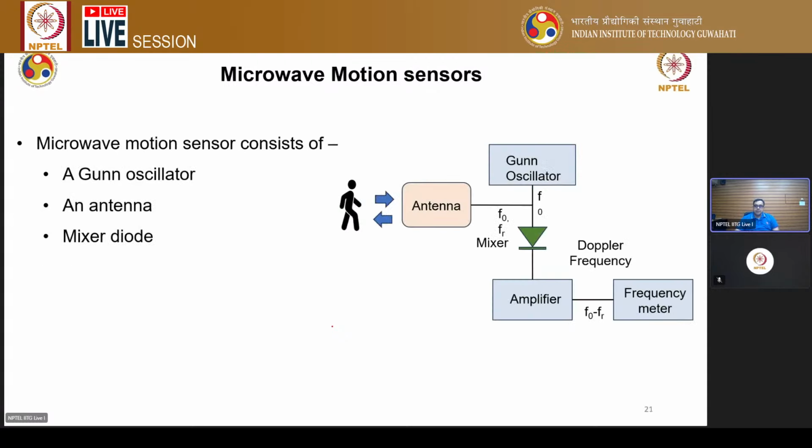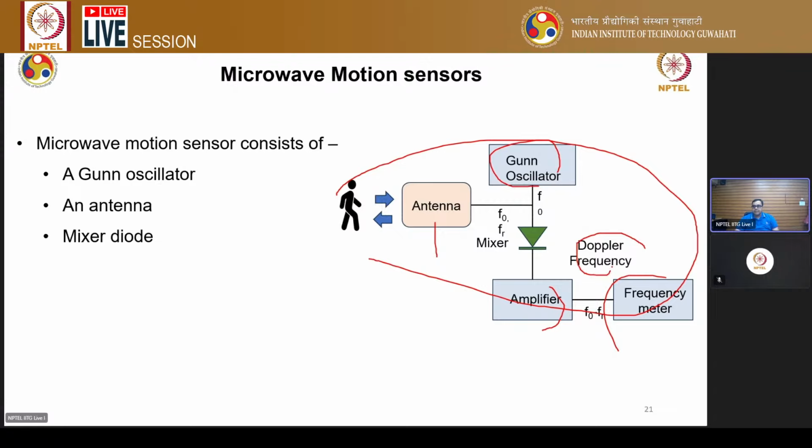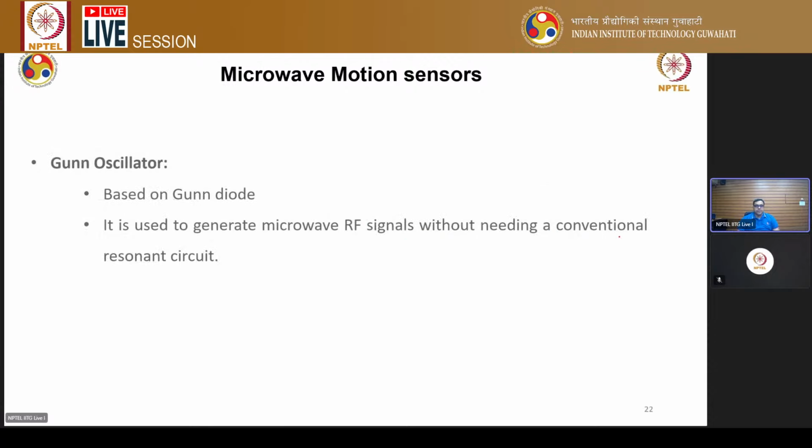The basic construction was something like this, where you had an antenna, a Gunn oscillator, an amplifier, and then a frequency meter, which detects the Doppler frequency.